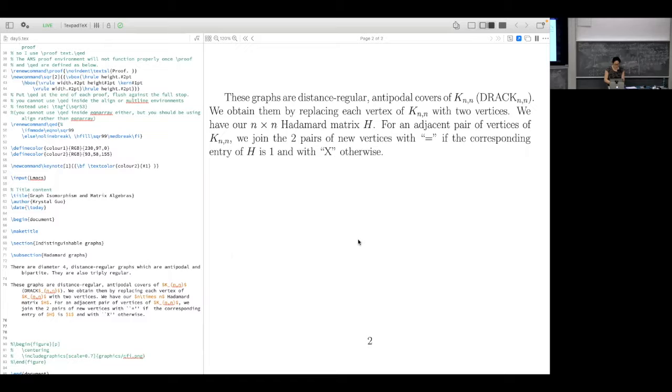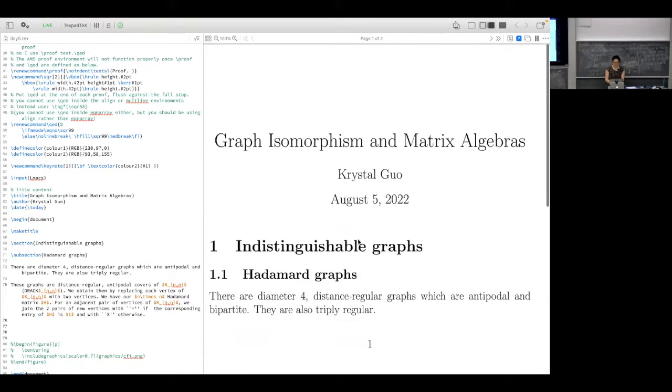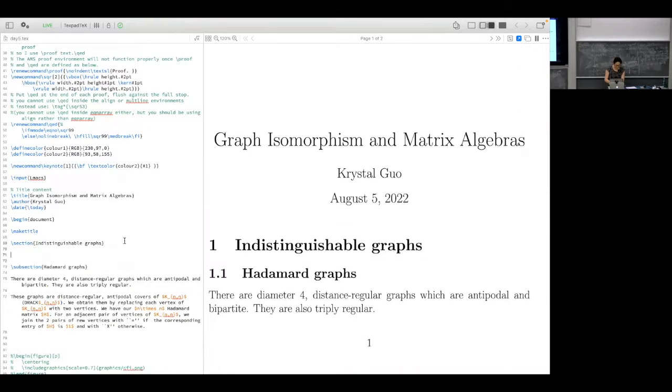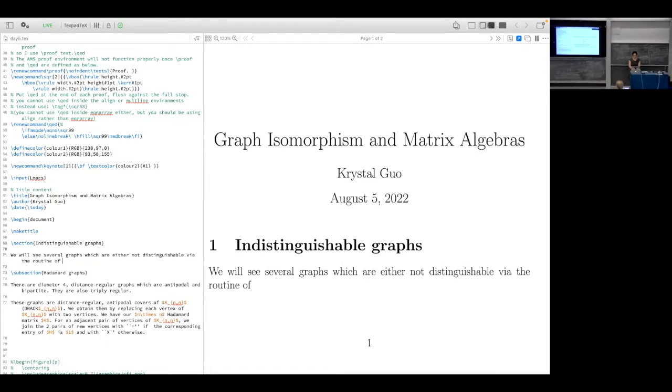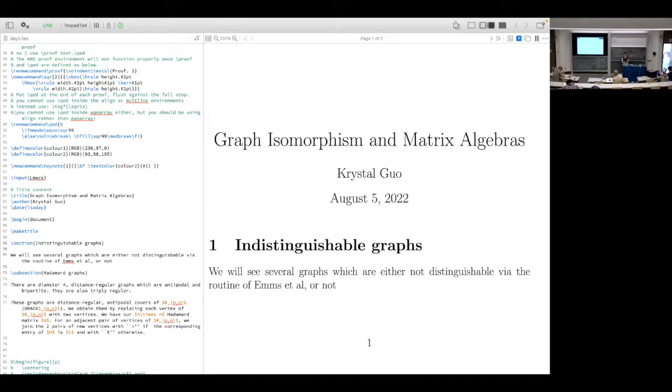Maybe before that, let us return to this part here that I've written nothing in. I think today the focus will be that we will see several families or several graphs which are not distinguishable via routines of this kind, or not distinguishable via k-dimensional Weisfeiler-Lehman.